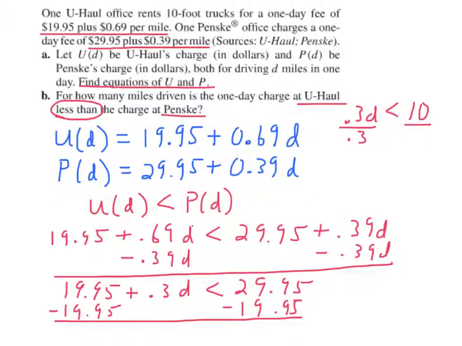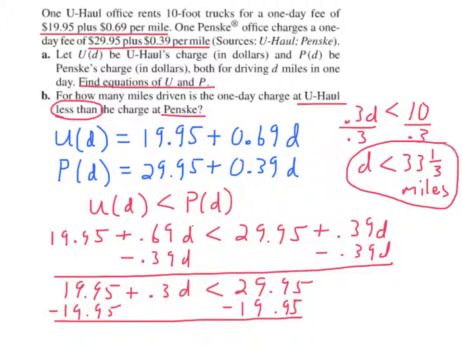Now we're dividing by a positive number, so we'll keep the inequality going the same direction. D is less than 33 1/3 miles. So that's telling us that if the driving mileage is less than 33 1/3 miles, the U-Haul charge would be less than the Penske charge.